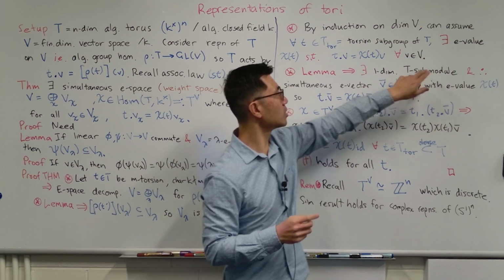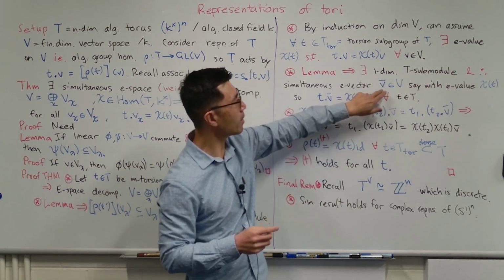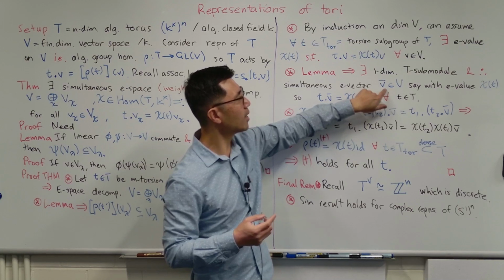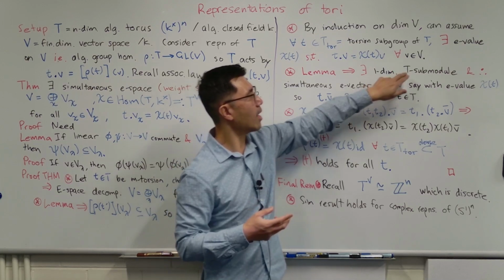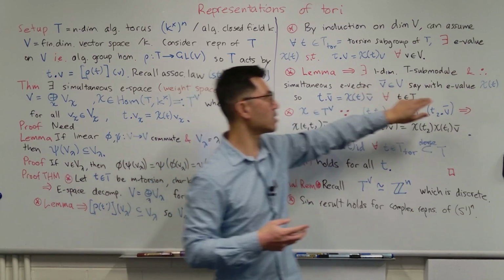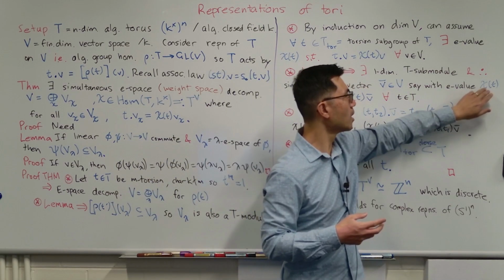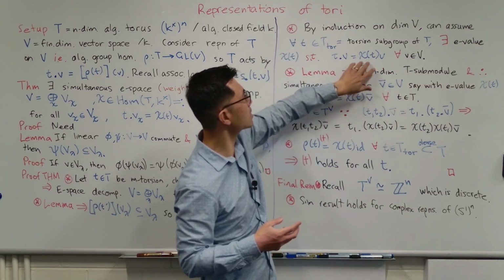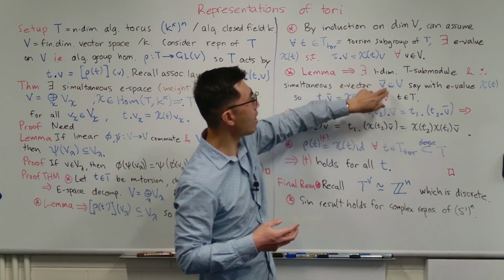Let's suppose it's spanned by, say, v bar. Since it's a one-dimensional T submodule, the only thing that elements of T can do is scale this vector. And suppose it scales it by the eigenvalue chi of T. So we know what the eigenvalue has to be if T is T torsion: it has to be this chi of T here, because that's what it does to every vector.